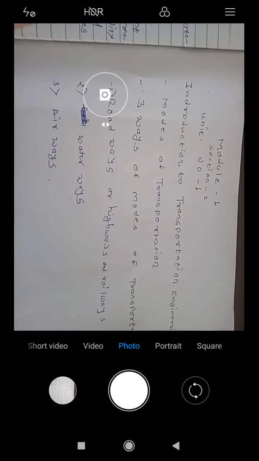So what is the economic activity of transportation? We know that it is supply and demand.